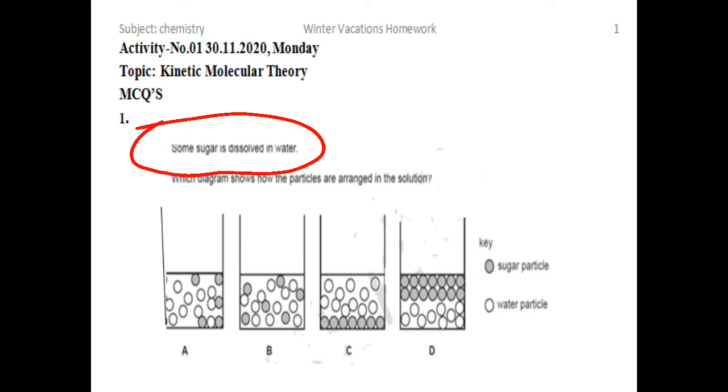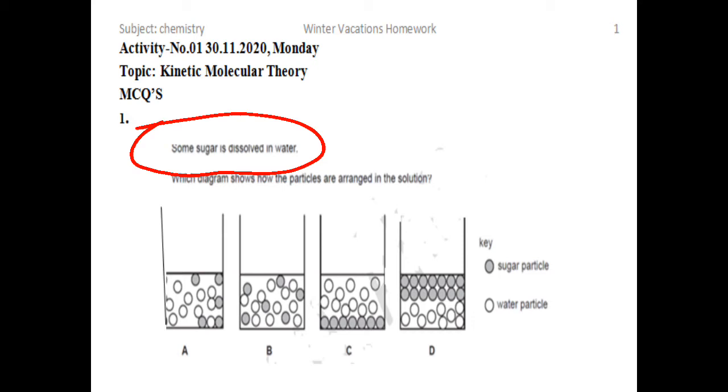So what happens when some solid is dissolved in water? It involves the dissociation or the breaking of bonds of that solid, which is going to be dispersed or distributed in the water. So you have to look for the figure which is exactly depicting the same process.